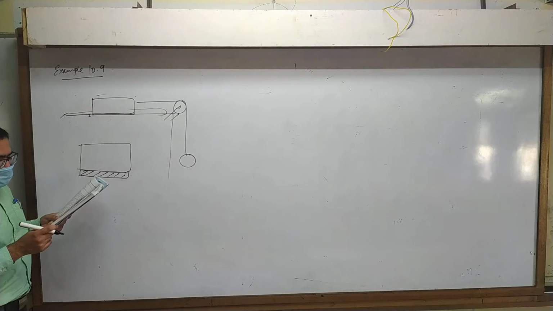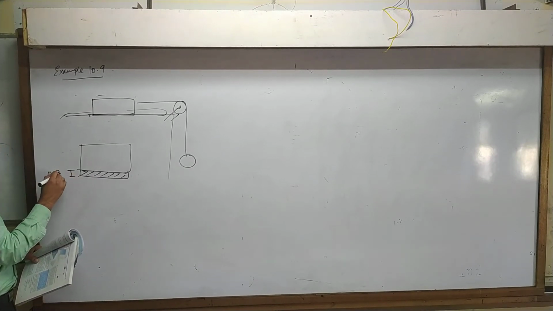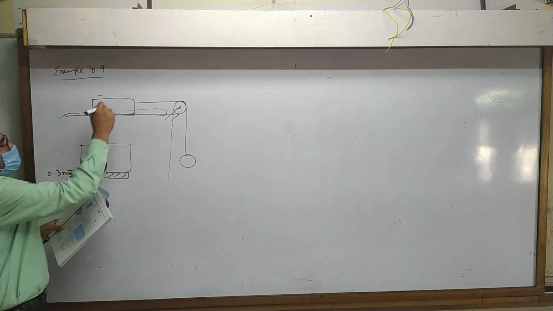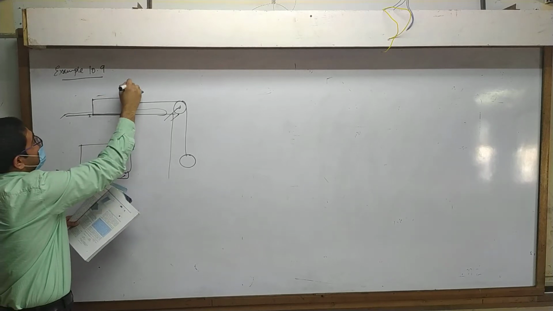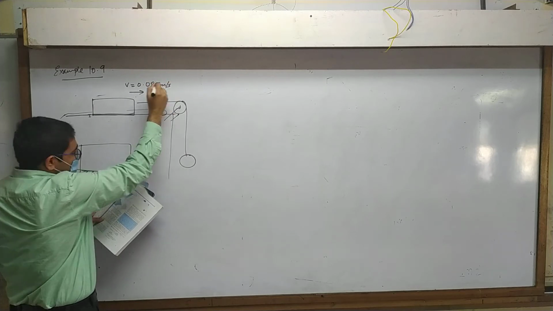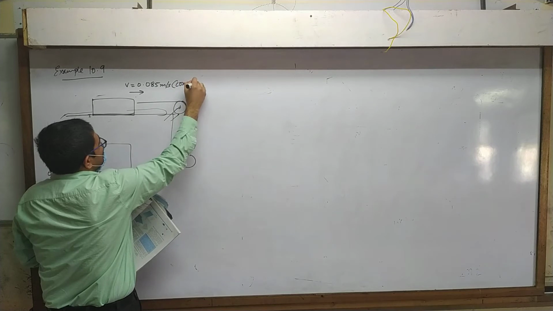So a liquid with film thickness 0.3 mm, so this thickness is given as 0.3 mm, is placed between the block and the table. When released, the block moves to the right side with a constant speed. Okay, that word is important. 0.085 meter per second, but that speed is constant.